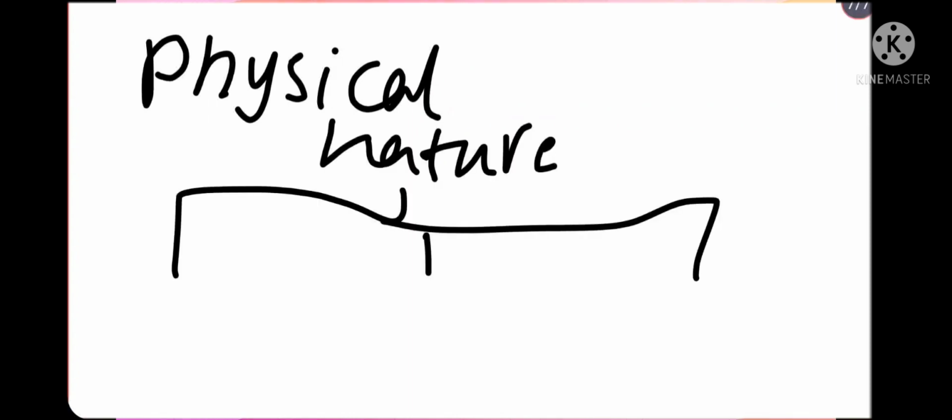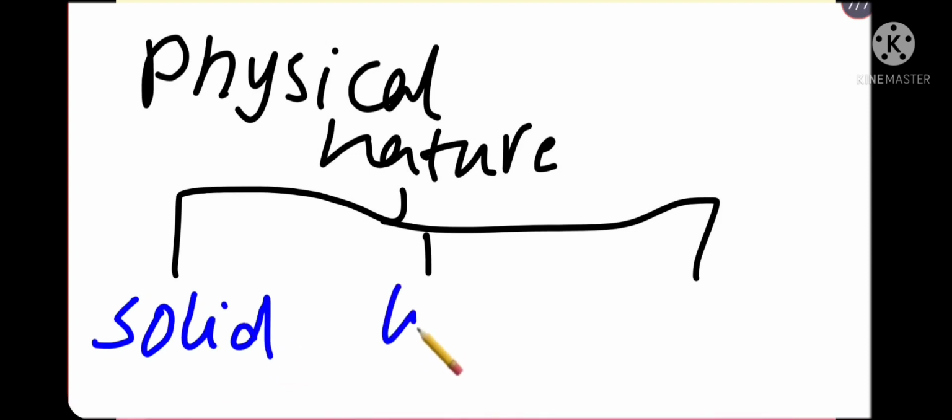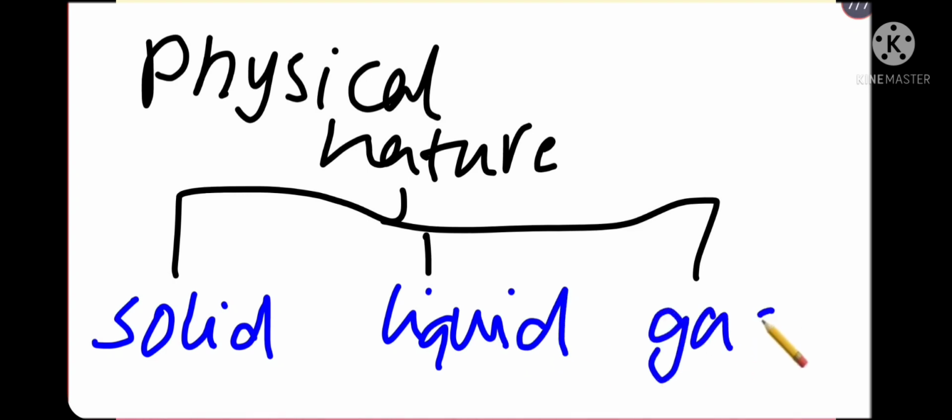First let's see the physical nature. The physical nature is broadly classified into three types. They are solids, liquids, and gases. As we already learned the changing of state in this physical nature previously.